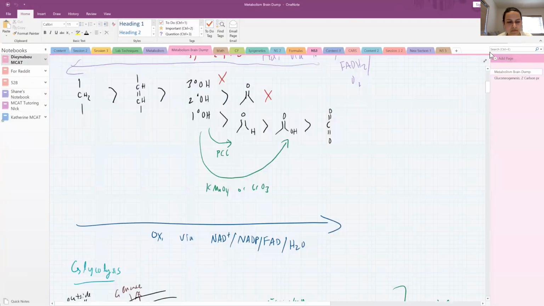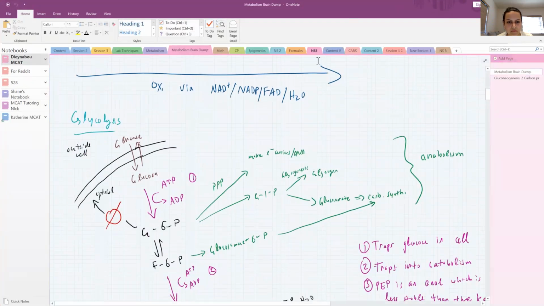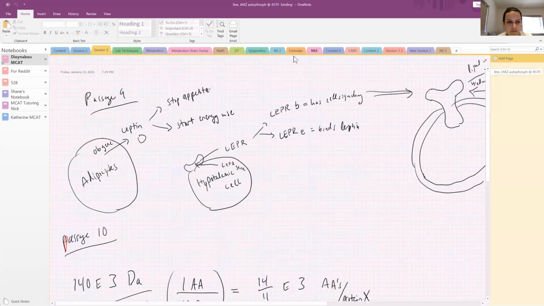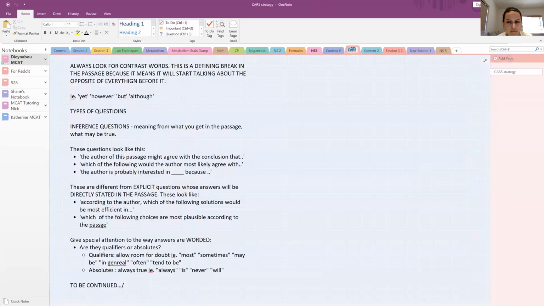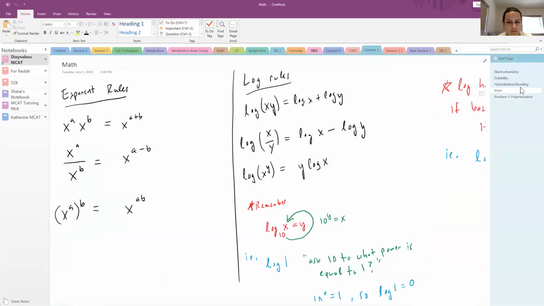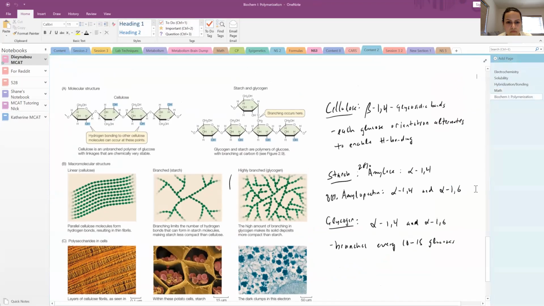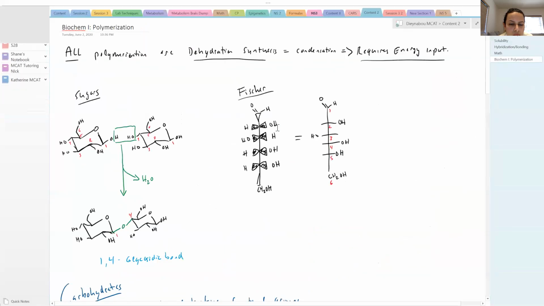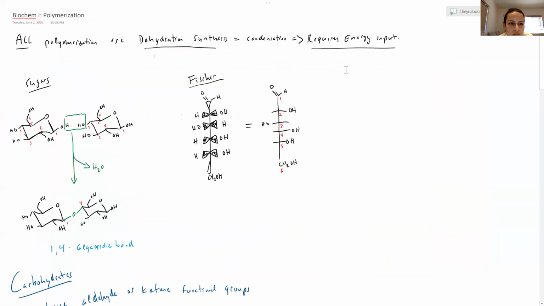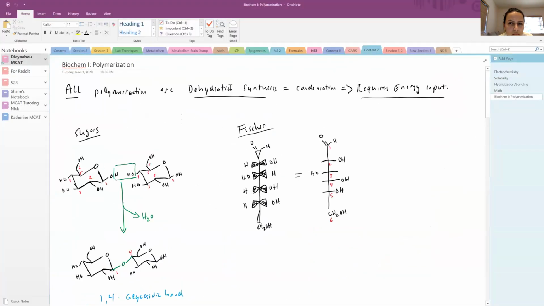But I think I have it written down for something with maybe polymerization. Oh, here we go. So check this out. Basically, all polymerization is dehydration synthesis, also known as condensation. And this is how I see it.